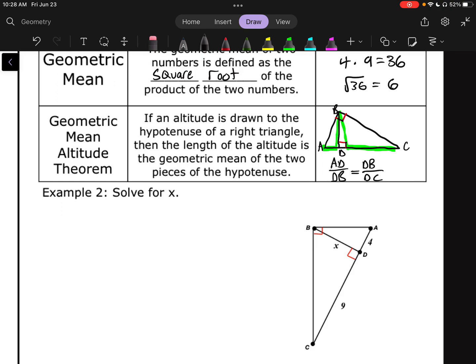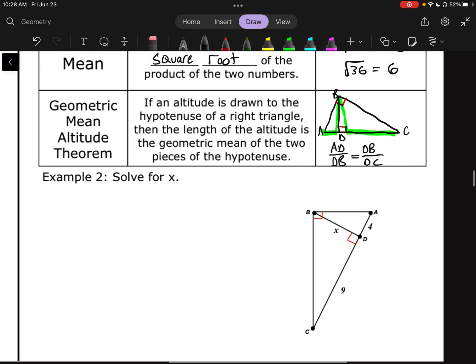That's the way that I just highlighted it there. I started with that first piece of the hypotenuse, AD. AD over DB, the altitude, is equal to DB over DC, the altitude over the other piece of the hypotenuse. Okay? Now, it still seems weird, I know.